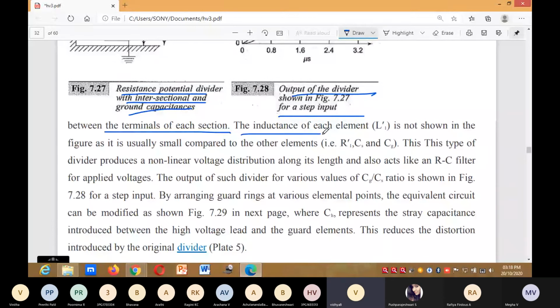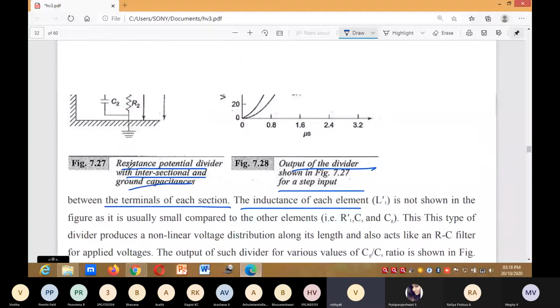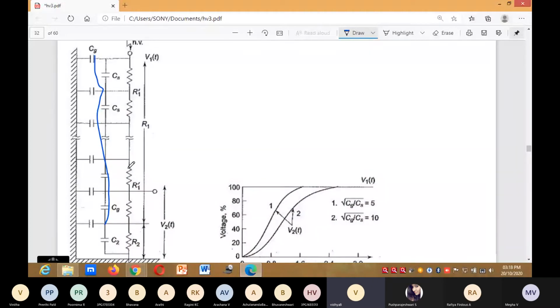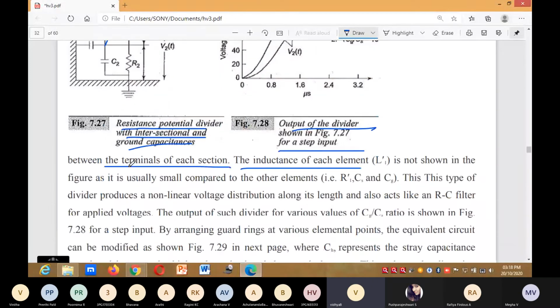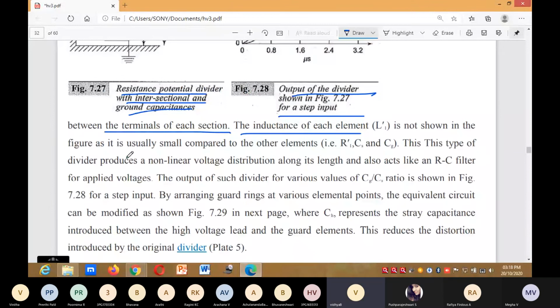The inductance of each element, that is L1 dash, is not shown in the figure, as it is usually small compared to other elements, that is R1 dash, Cs and Cg.